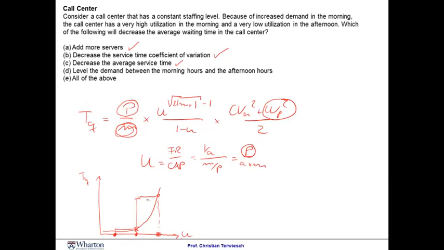And so you notice that on average, it's nice to have a constant level of utilization as opposed to having half of the customers get a really high level of utilization and half of the customers a really low level of utilization. So leveling the demand, because of this convexity, the steep increase in the waiting time as a function of U, will be a good thing. And thus we can check option E, all of the above.